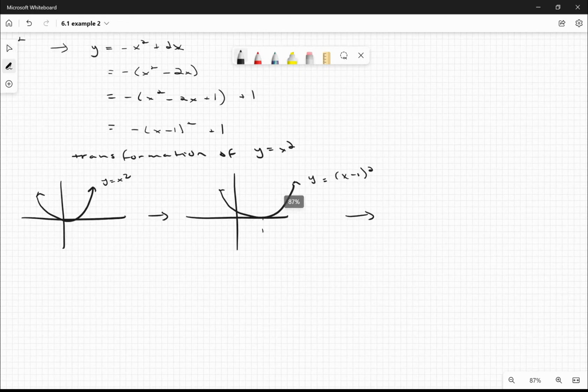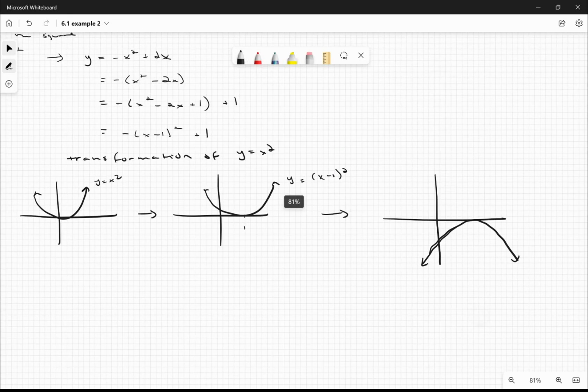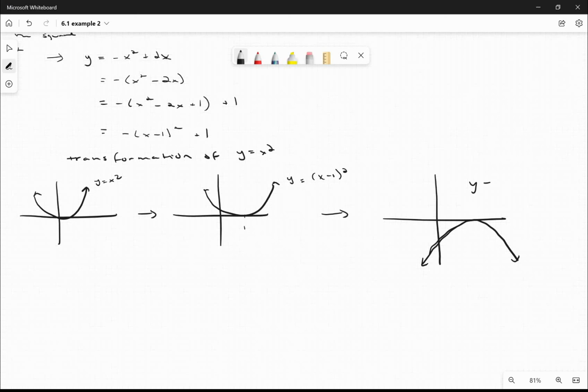So first thing we want to look at is this negative out front here, right? So that is going to flip the curve over the x-axis, right? So that you have something that looks like this, right? Not a perfect drawing, but right. So this is now the curve y equals negative quantity x minus 1 squared, right?